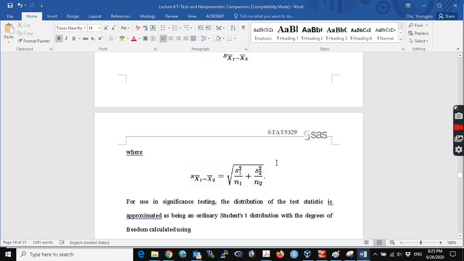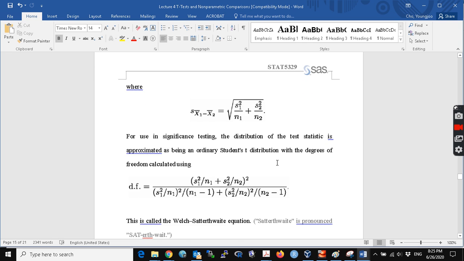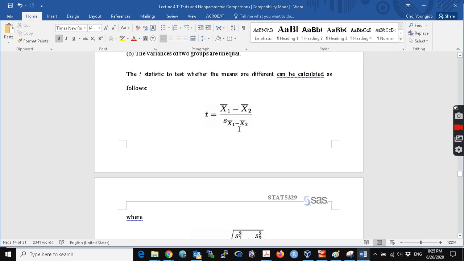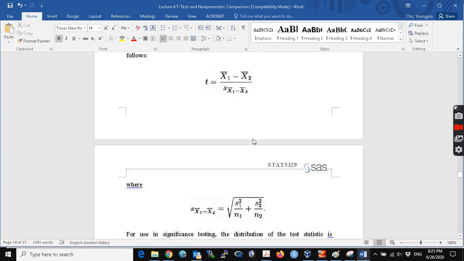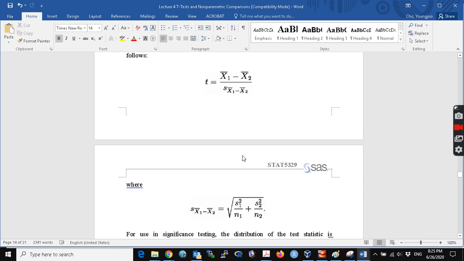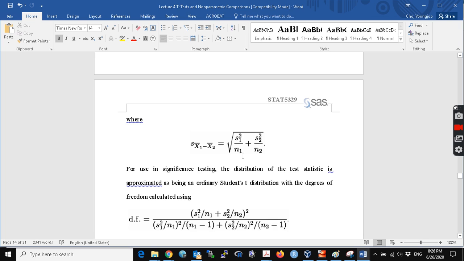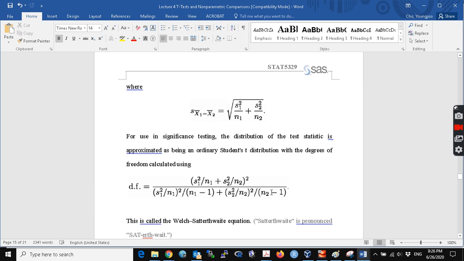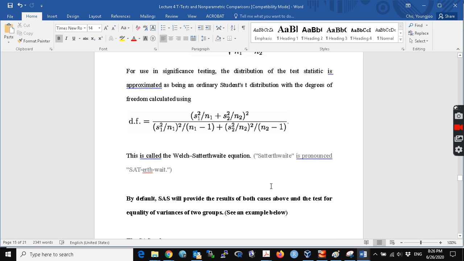This t-statistic does not have an exact t-distribution, but we have an approximation. So this t-statistic has approximately a t-distribution with this degrees of freedom, which is a complicated formula. This is called the Welch-Satterthwaite equation.